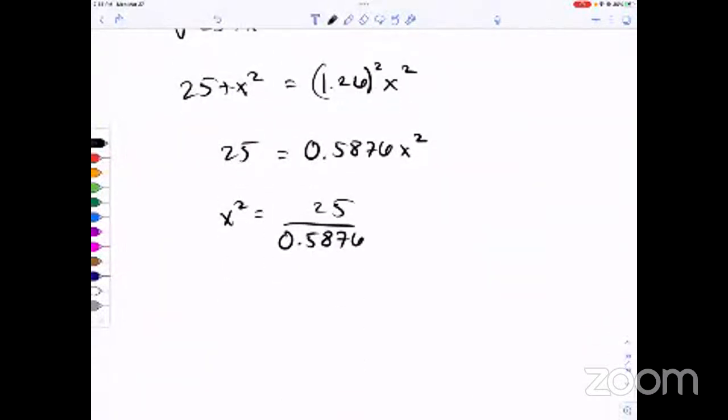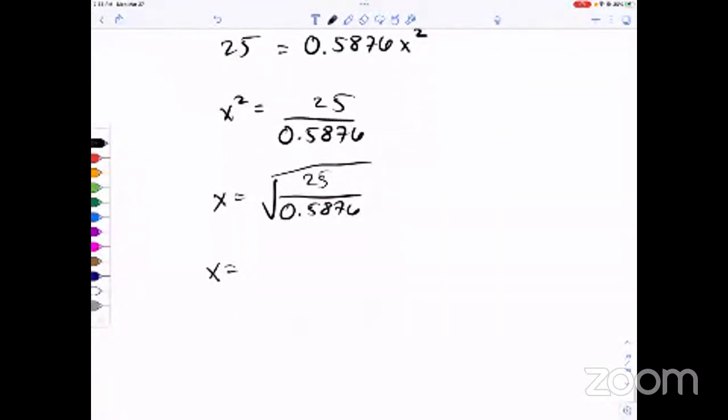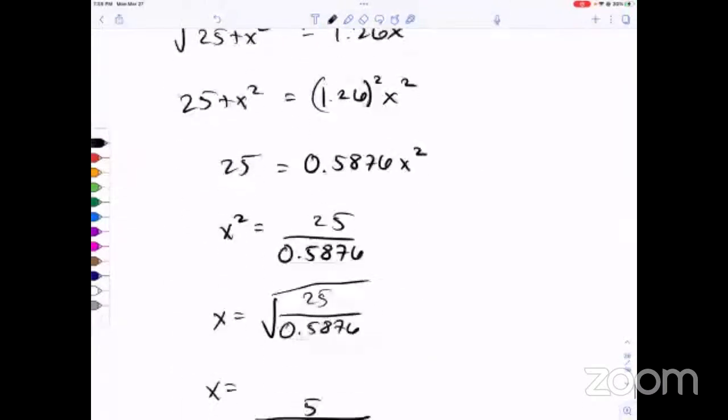So it's going to be the square root of this. And let's just go a step further. Okay, so that's the exact result that we got. And then, you know, we use a calculator to crunch that number.